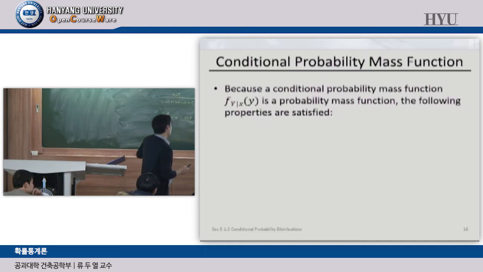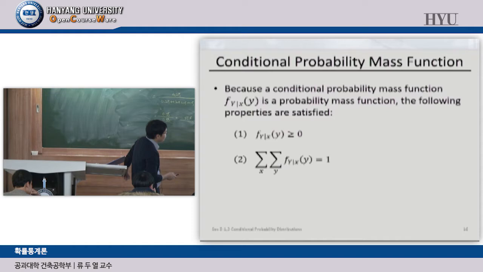And because a conditional probability mass function f of y given small x is a probability mass function, right? The following properties are satisfied. Firstly, this value should be larger than or equal to 0. And the summation of the conditional probability mass function should be equal to 1.